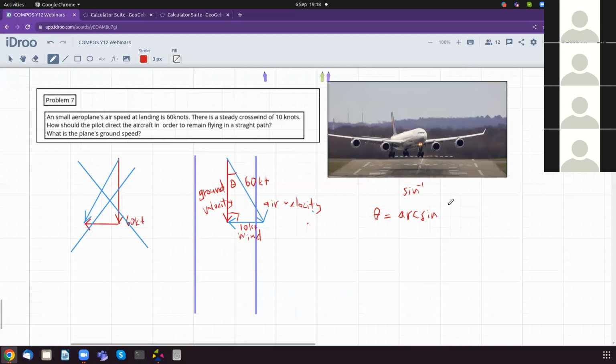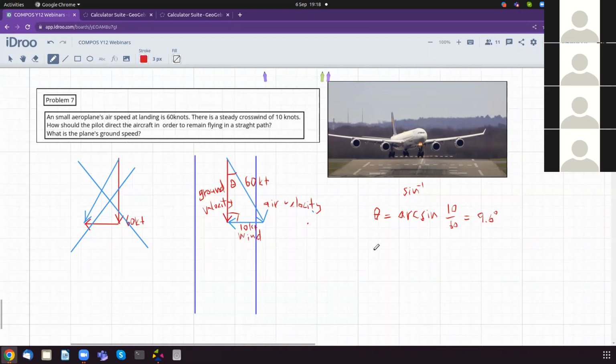Arc sine of 10 over 60, which is roughly, well, I won't embarrass myself trying to guess the angle. So it's 1/6, 9.6 degrees.